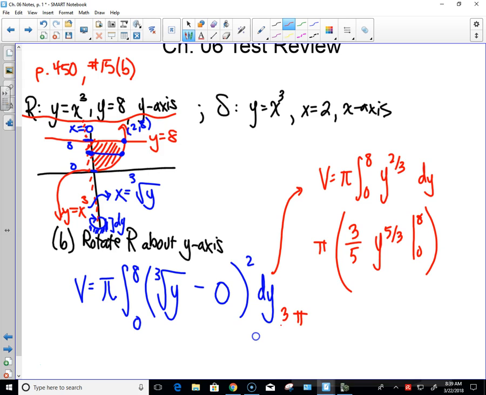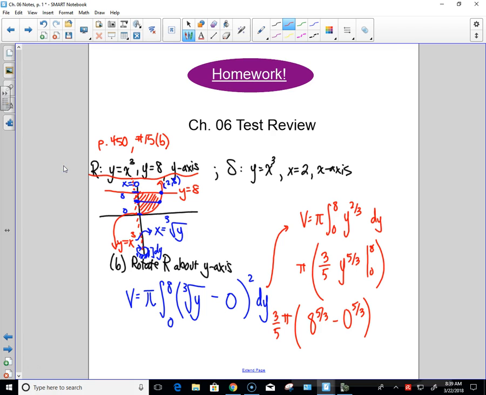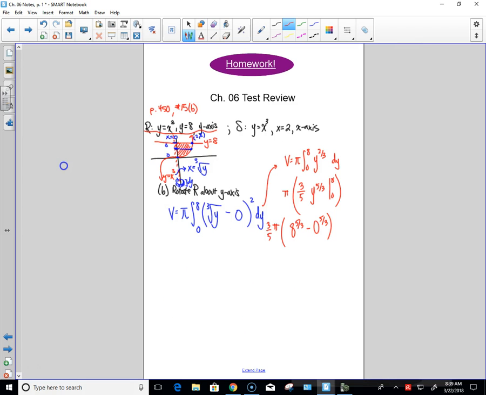I'm just going to pull the 3/5 out because who wants to deal with that twice? And then I have 8 to the 5/3 minus 0 to the 5/3. Our brain does not like 5/3, right? The 5/3 power. But if you were to write it in what it actually means, 8 to the 5th cube rooted, then we can say, wait a minute, don't we know the cube root of 8?